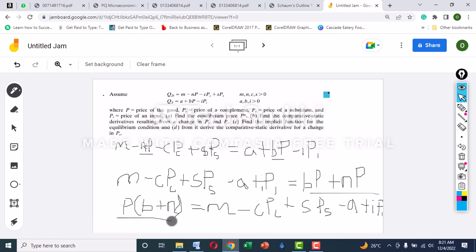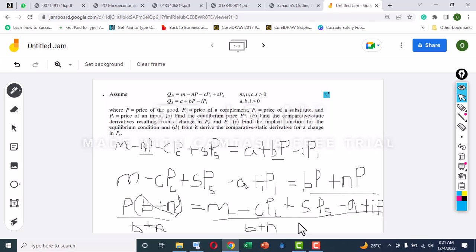Just divide both sides by B plus N and you get your answer. You divide everything by B plus N. My writing is horrible on this particular board, very horrible. So we have B plus N here, so our P will be standing alone because this is now gone. This will be our equilibrium price.